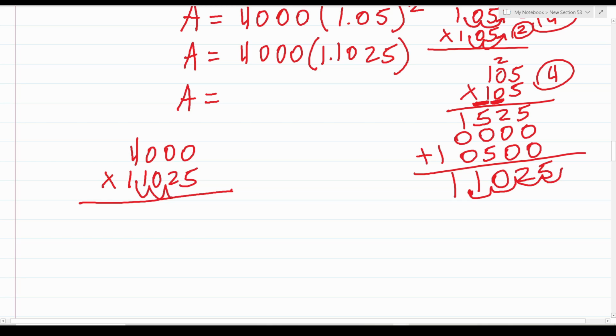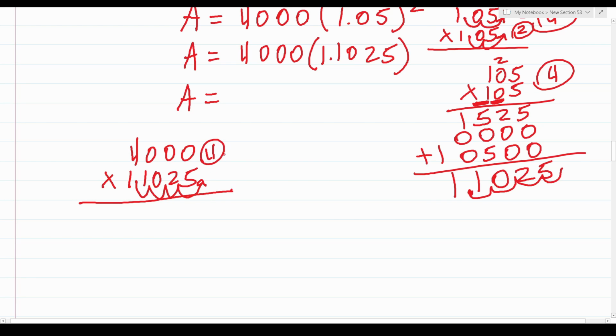So we're going to shift it 1, 2, 3, 4 times to the right. When you multiply numbers, the bigger number comes on top. So this is going to be 11025 times 4,000, albeit with those 4 decimals to shift back into the left at the end when we're done. And this is going to go quicker than you think.